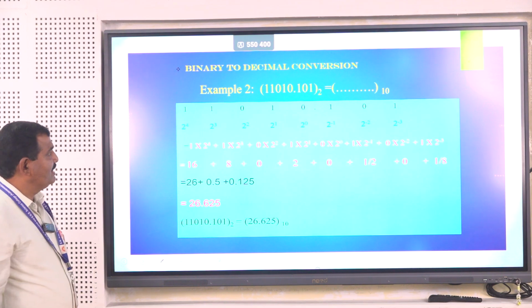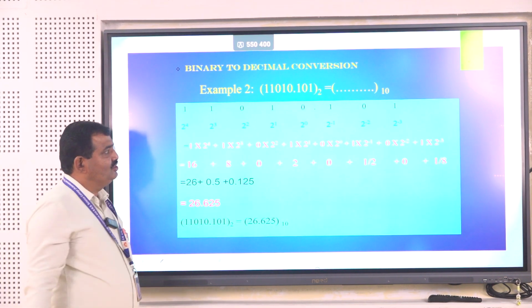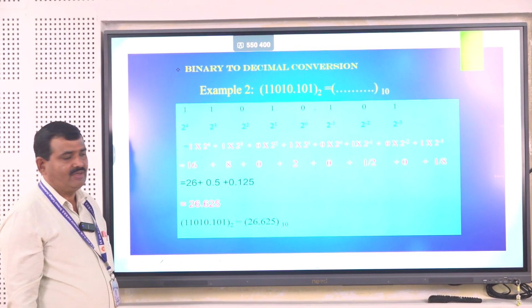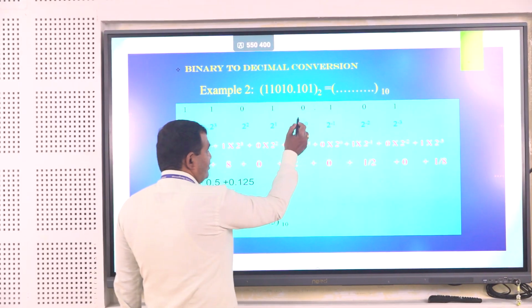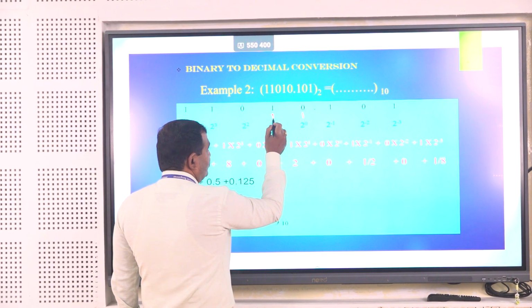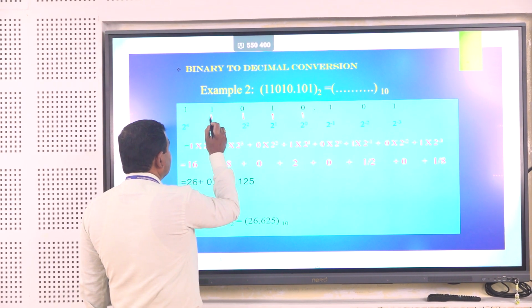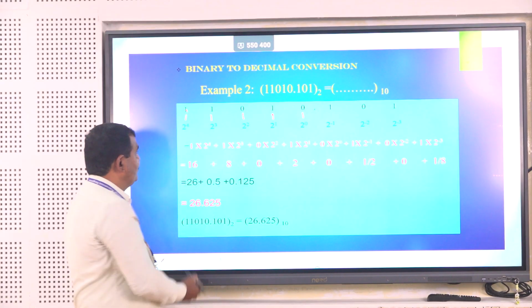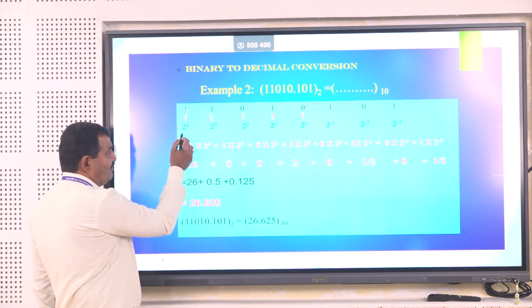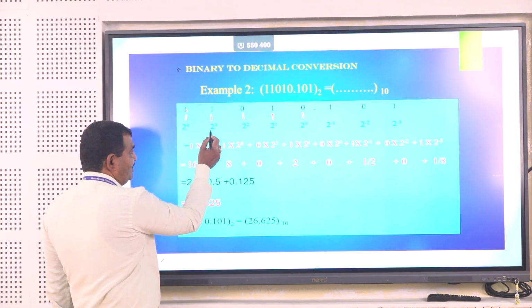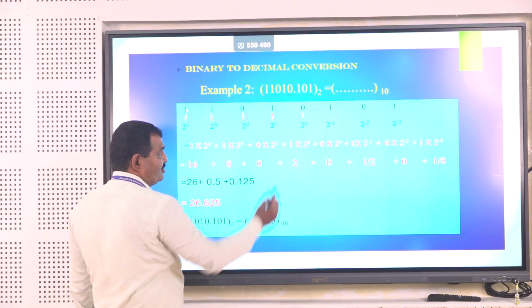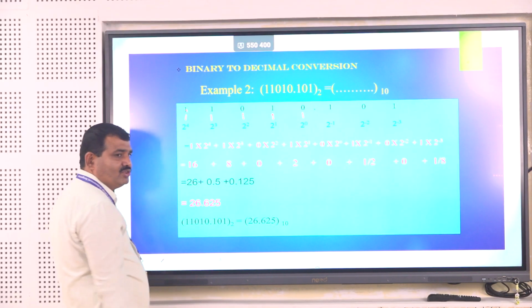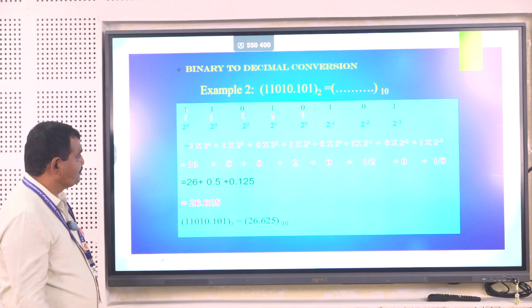The second example, 11010.101. Again here we write positional value for each digit, that is first one is having positional value 2 raised to 4, second one is having 2 raised to 3 and so on, last one is having positional value 2 raised to minus 3.